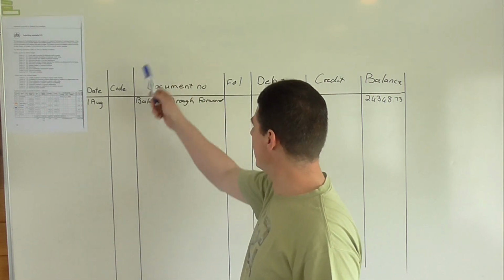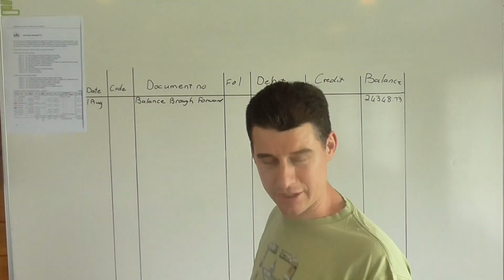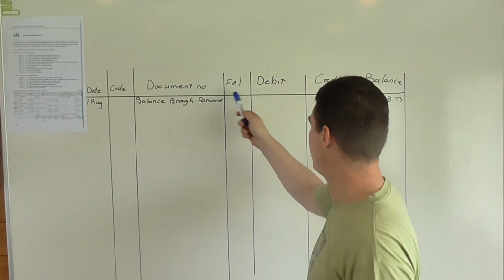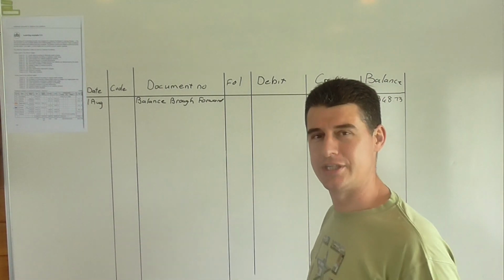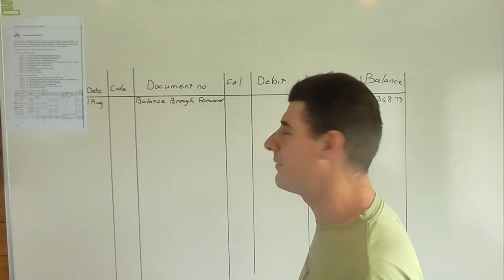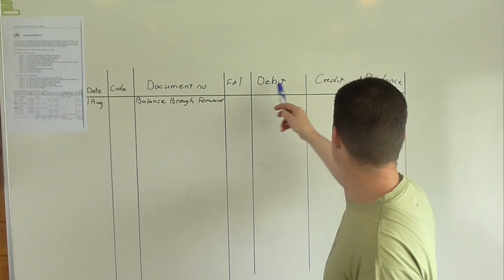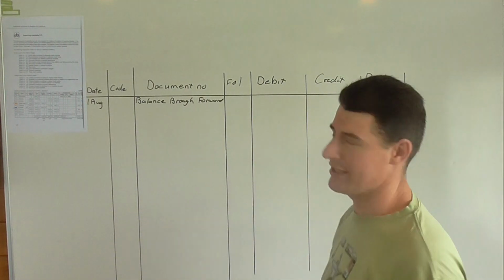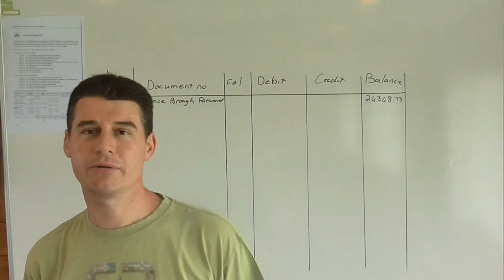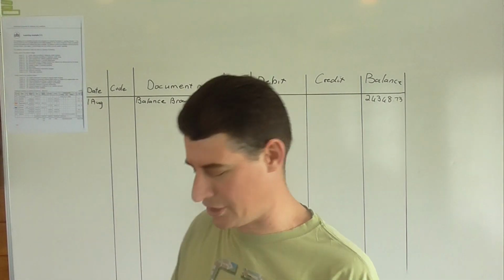Then the document number is the document of that transaction. The folio will be which journal you got the information from, and then debit, credit, and balance. The first one we'll be looking at will be a debtors journal.